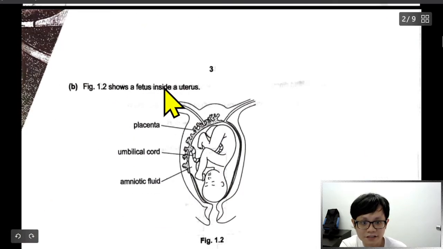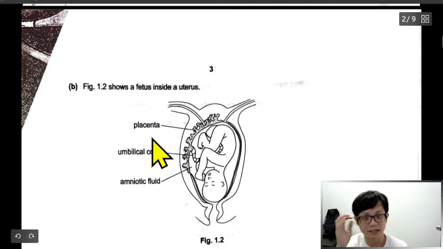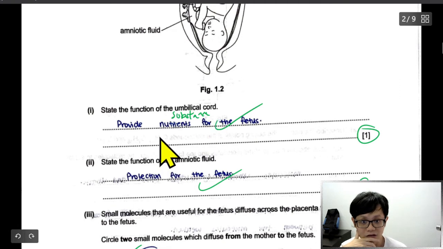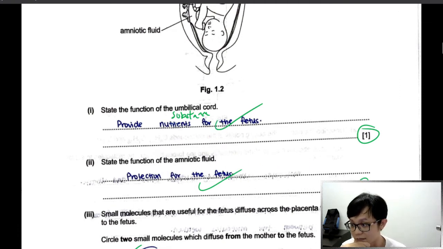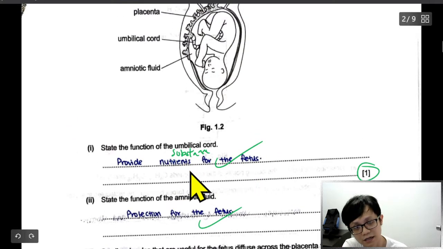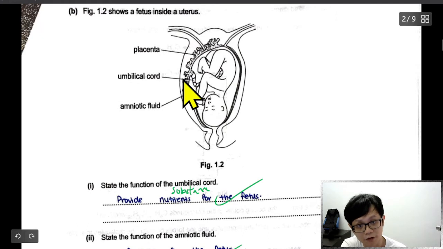Okay, so this is a fetus, amniotic fluid, umbilical cord, placenta. State the function of umbilical cord. Provide nutrient for the baby, correct. But the answer scheme is providing or taking substance. The reason they put substance is because not only does the mother provide nutrient, but also substances like oxygen, and the mother also takes the urea from the baby.